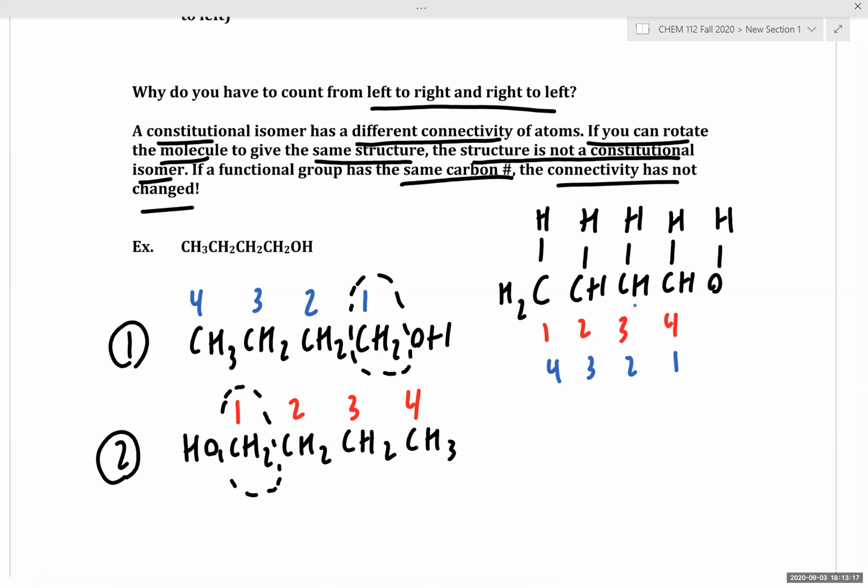What do I mean by that? I can swap, for example, this hydrogen with this carbon. Why? If we check the numbers, are the numbers in blue and red the same or different? Different.